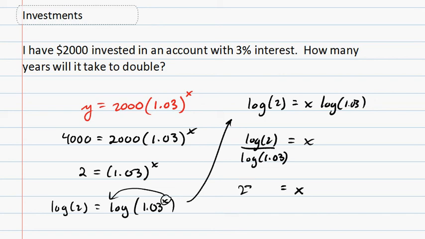I see 23.4. So nearly 23.5 years it will take to double. And again, the great thing is we can always check this. So 2,000 times 1.03, and let's just put 23.4 in. And I get 5,007, which is close enough.